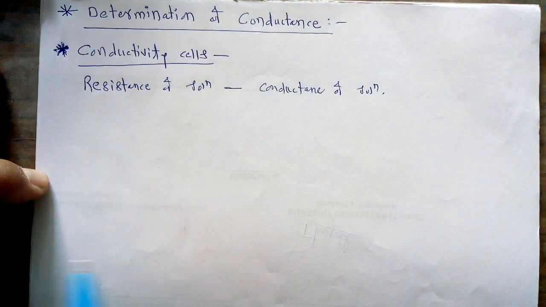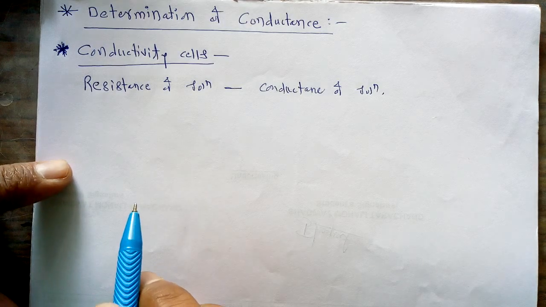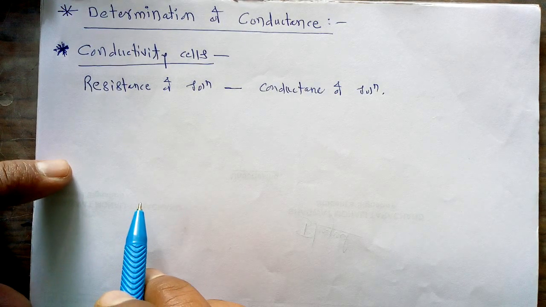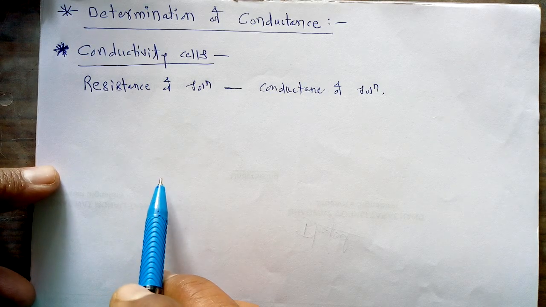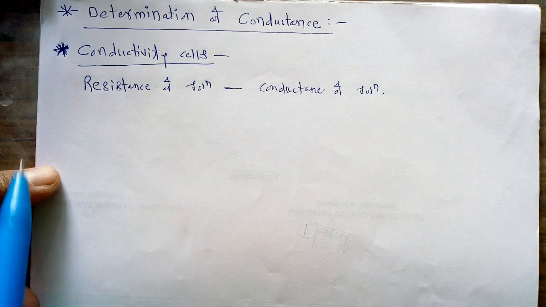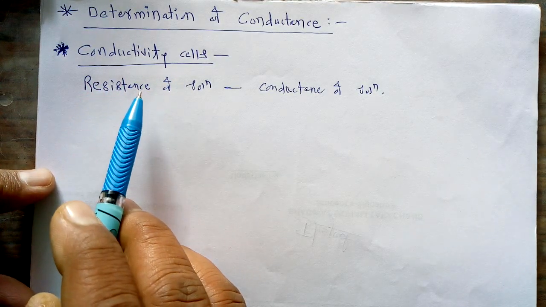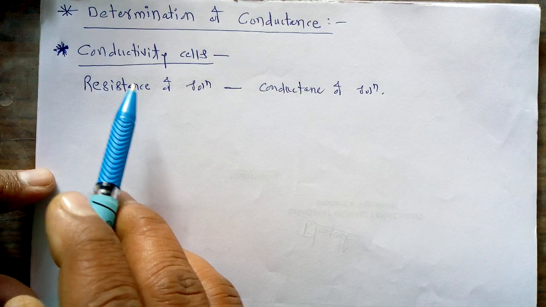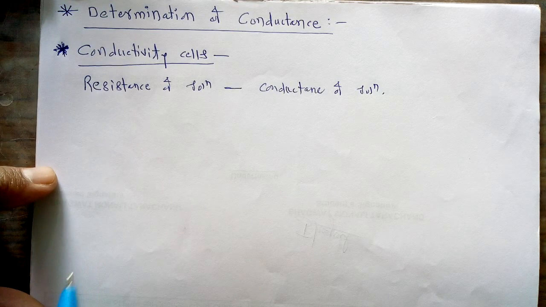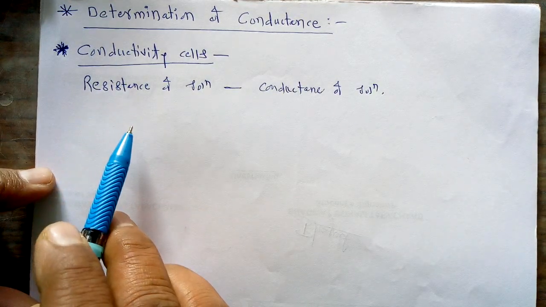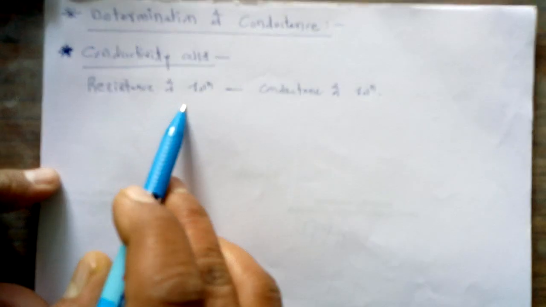As far as the conductance of an electrolyte is concerned, how do we determine that conductance? For this purpose, we have to take the help of one important apparatus called the conductivity cell. This conductivity cell is very important for the determination of conductance.